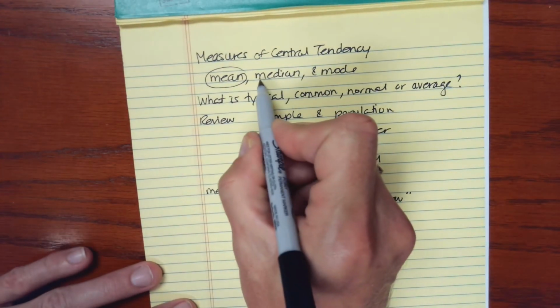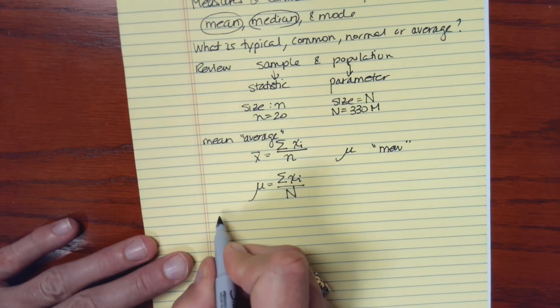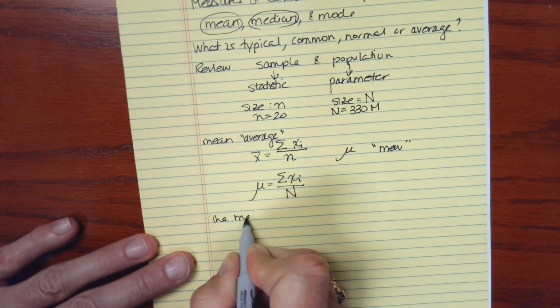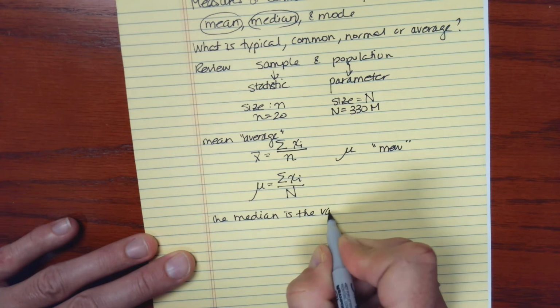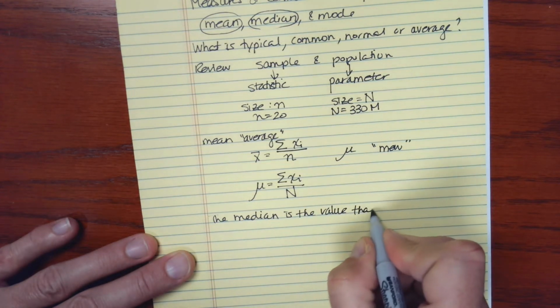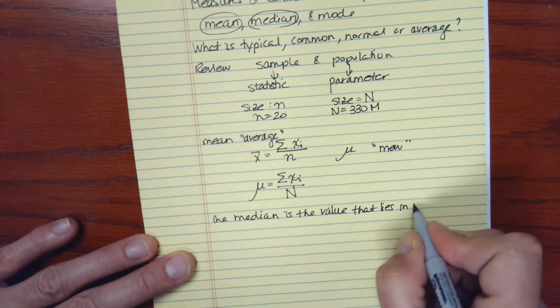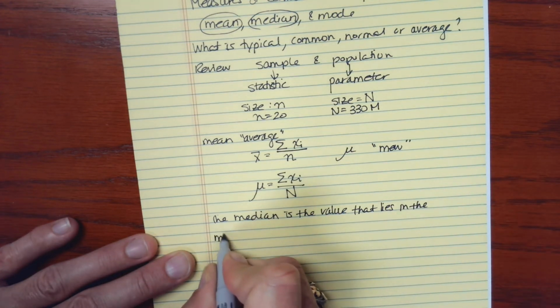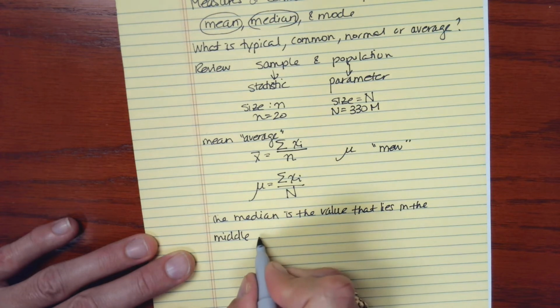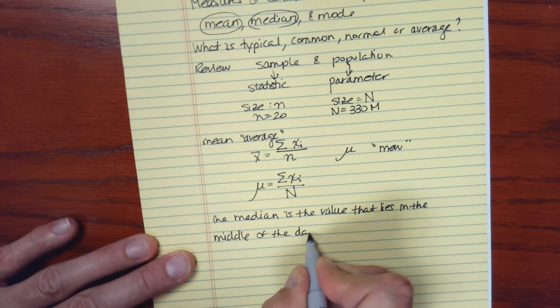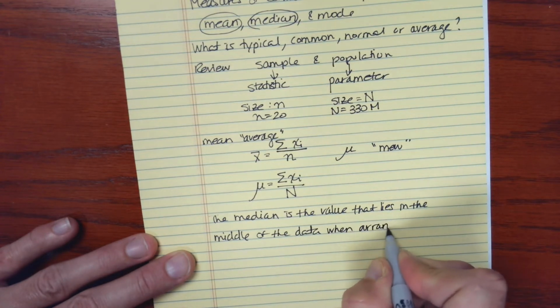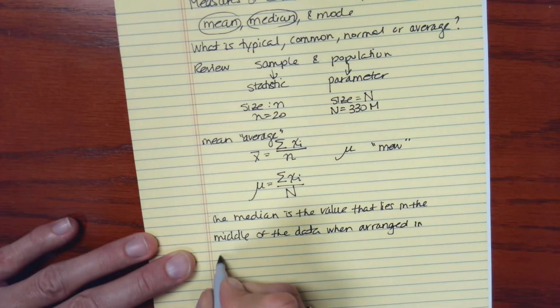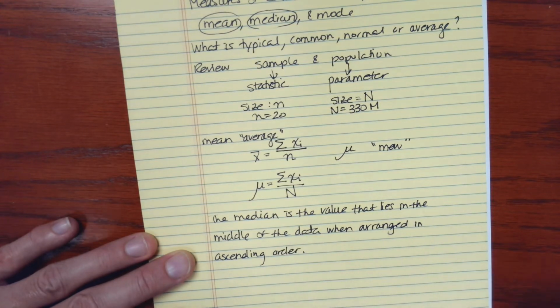So next, let's look at the median. The median is the value that lies in the middle of the data when arranged in ascending order.